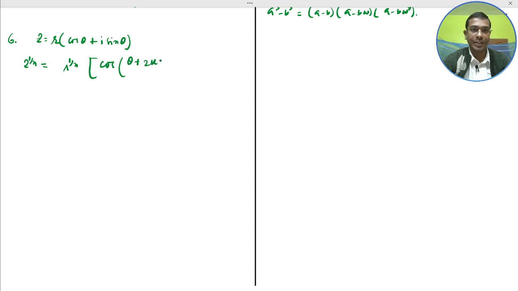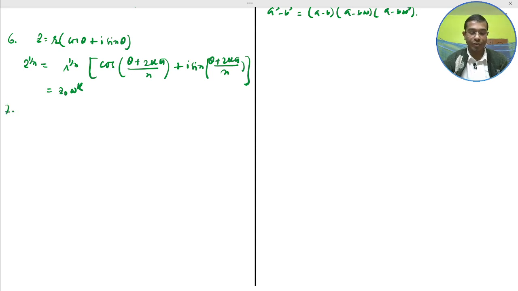This is very important for JEE Advanced, and this is equal to z naught omega to the power k.